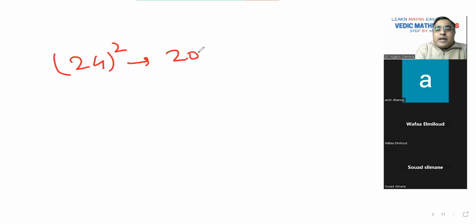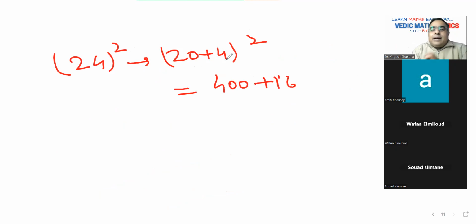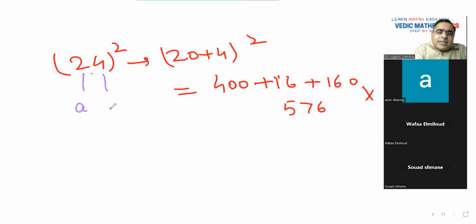You used to do it like this, 20 plus 4 whole squared. So 20 squared means 400, 4 squared means 16, and 40 into 4 is 160. So you used to write this as 576. Now, what is the difference between normal maths and Vedic here? Here, I'm not making it separate. I'm making this A, this B, and this is now A squared, 2AB.